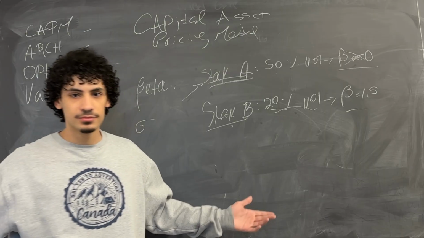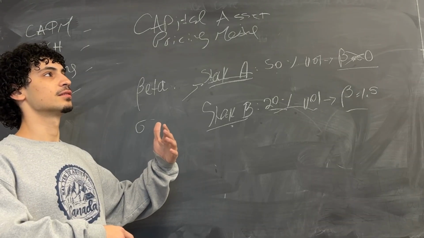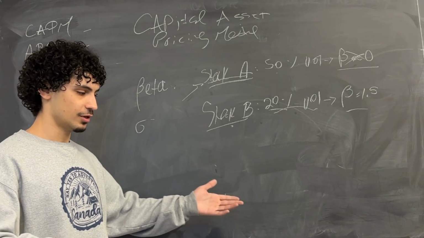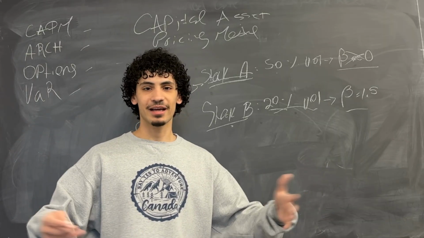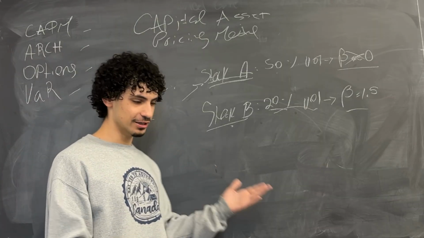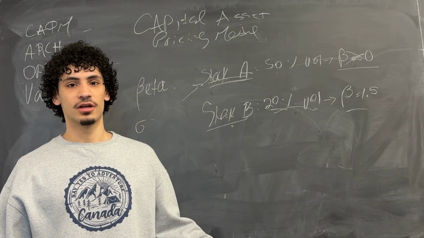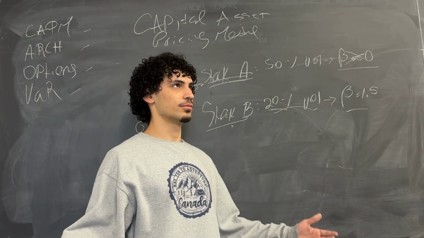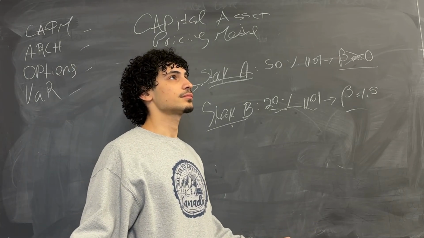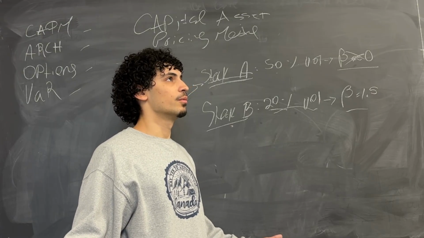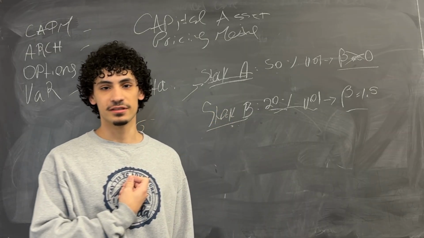But here, because we can't control how risky it is, because it's correlated to the market, the market accounts for this high beta in its price, and you, for example, can say that because this is a risky stock, I can buy it at a discount.